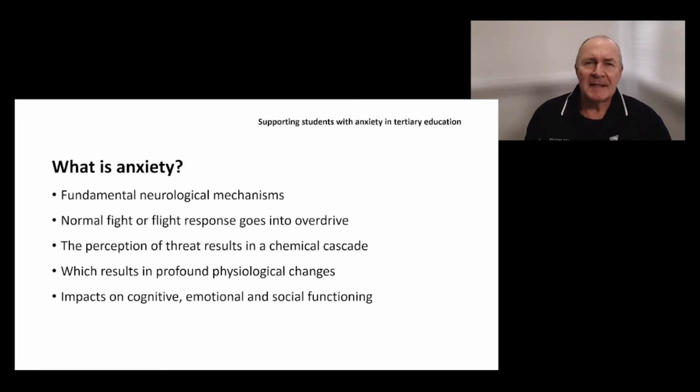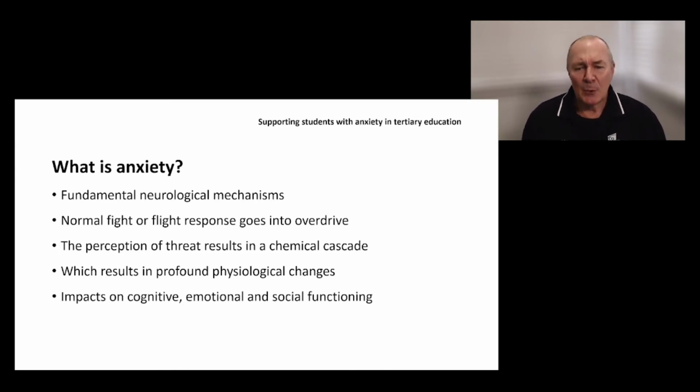And these things have significant impacts on the person's ability to function. So things like cognition, their ability to think, their ability to focus on something, their ability to take in new information, their ability to weigh up that information, their ability to make decisions. All these components of cognitive functioning can be impaired. They'll suffer impacts on their emotional functioning.